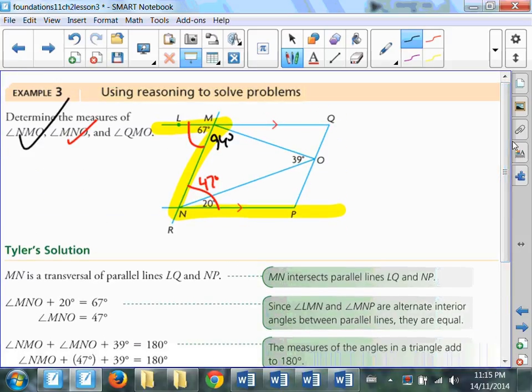Now we have to find QMO. For QMO, we're going to use the fact that angles across a straight line add up to 180. So angle QMO is going to be 180 minus 67 minus 94. And that's going to be 19 degrees, I believe.